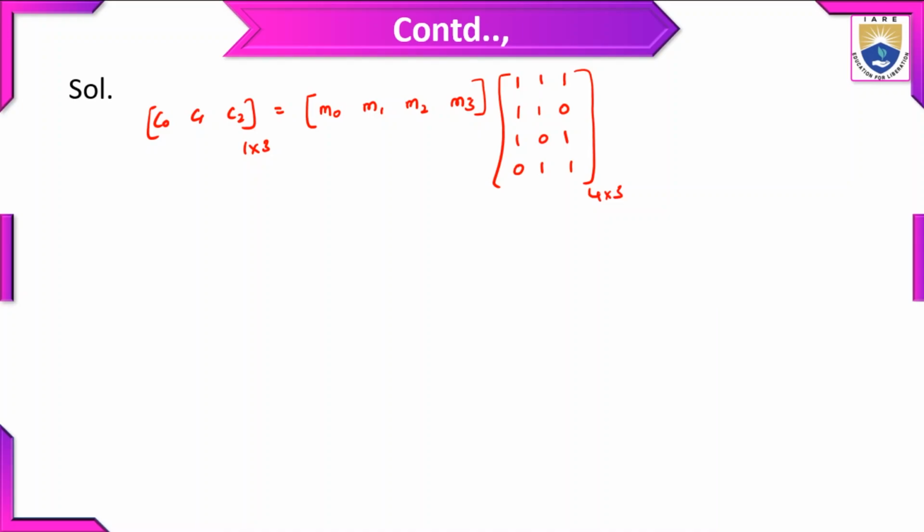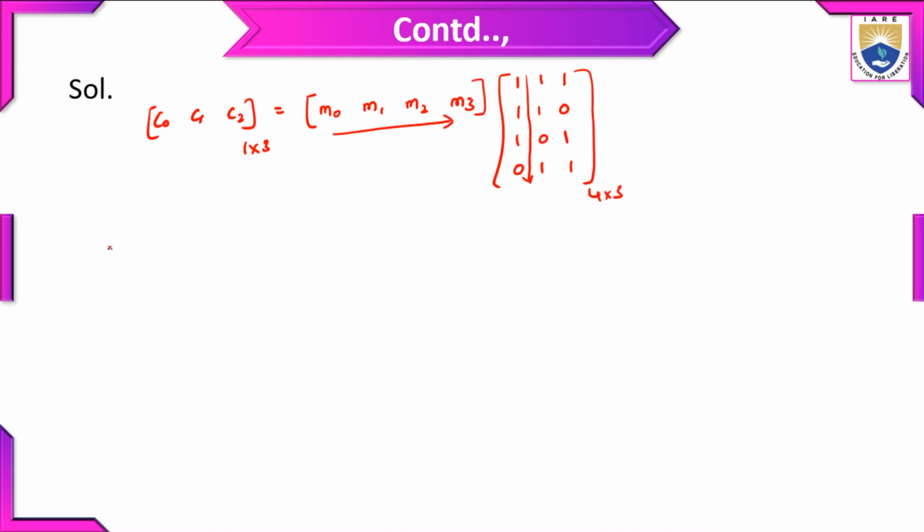Here I am going to multiply the first row with the first column, again this row with the second column, and again this row with the third column. Okay.